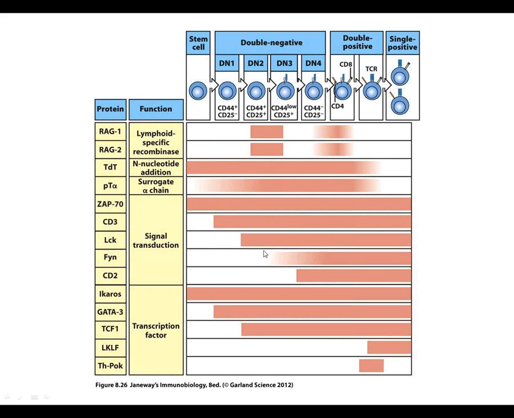Oh, I meant to bring this up. There seem to be some transcription factors that are important in making different T cells that I would probably know, and I'm not sure I'm going to be able to come up with all of them. The transcription factor that's essential for Tregs, anybody know what it is?